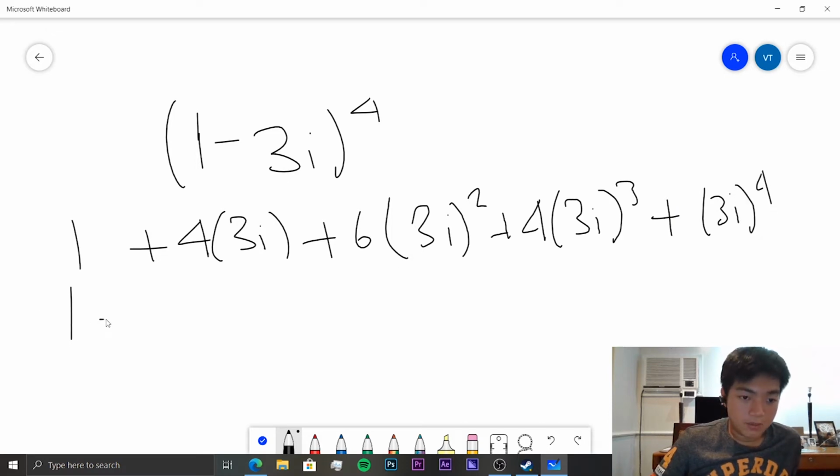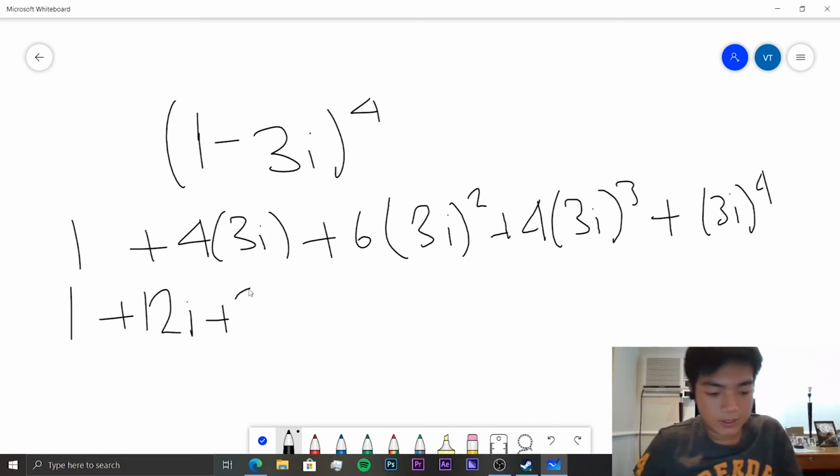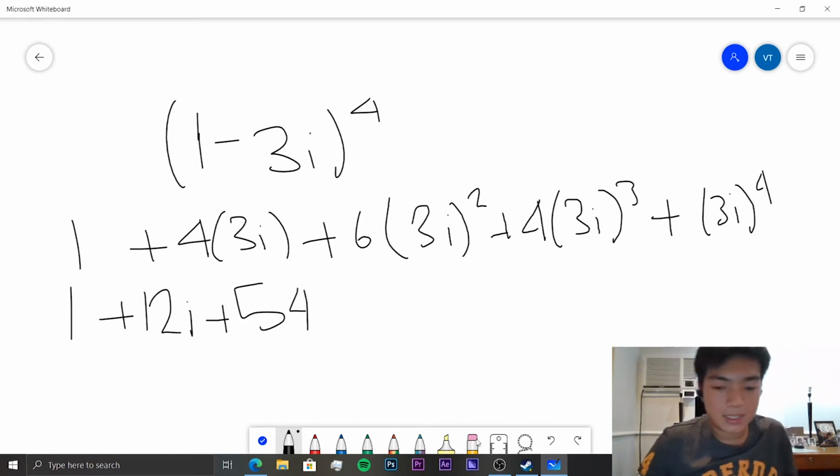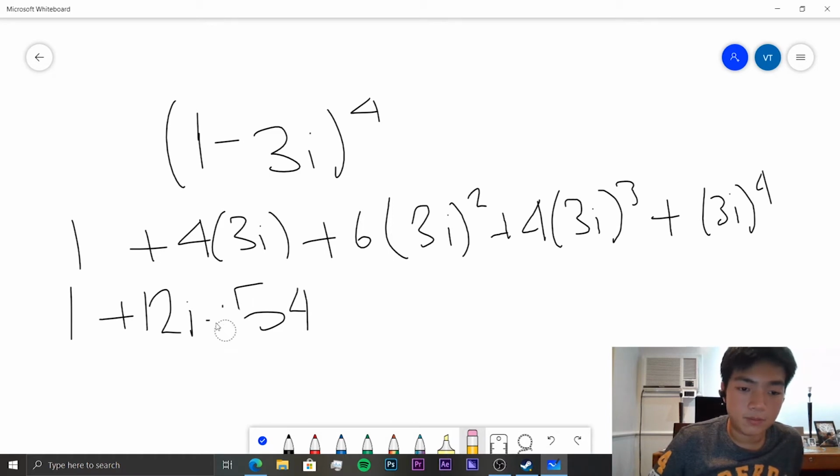So that's equal to 1 plus 12i plus 18 times 3, sorry, not 36, 54 i squared, but i squared is minus 1, so this would be minus 54.